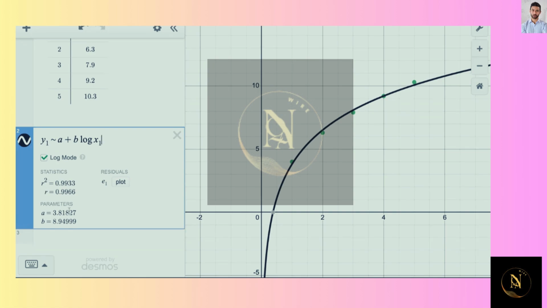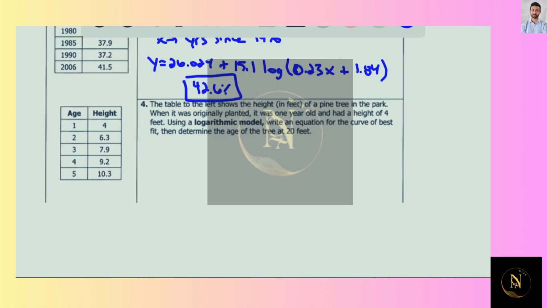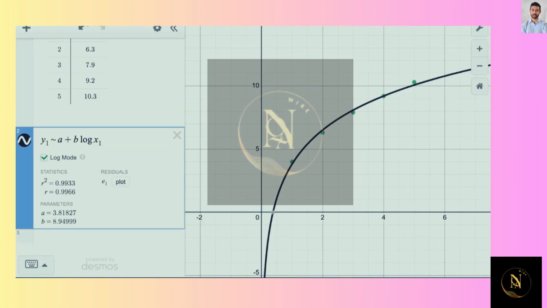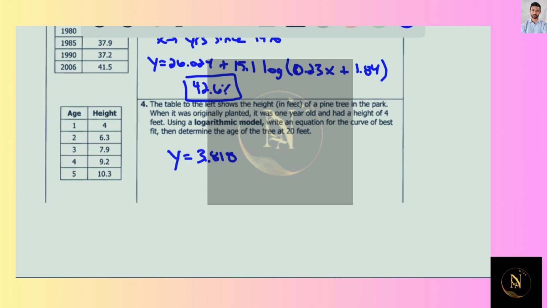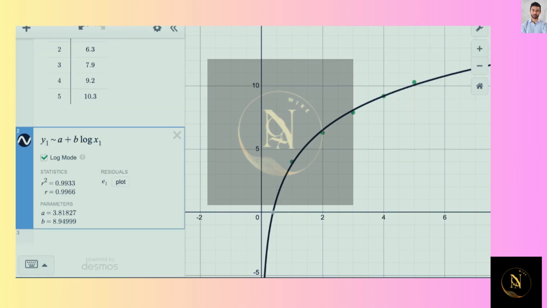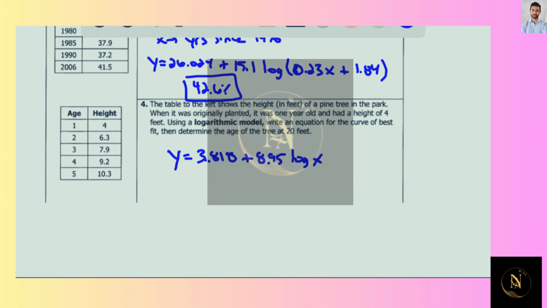We can say it's 3.818 plus 8.95 times the log of x. And then we can use it to determine the age of the tree at 20 feet.